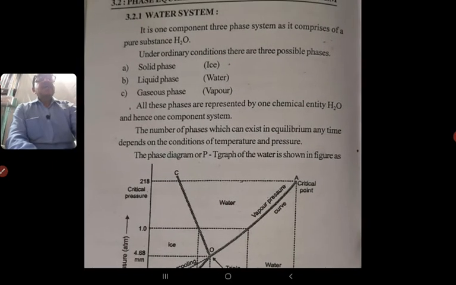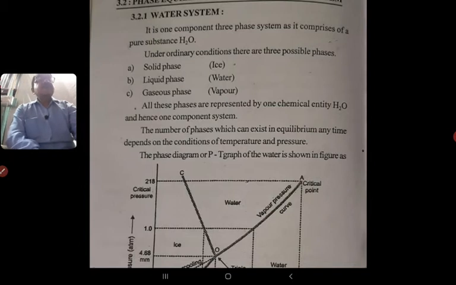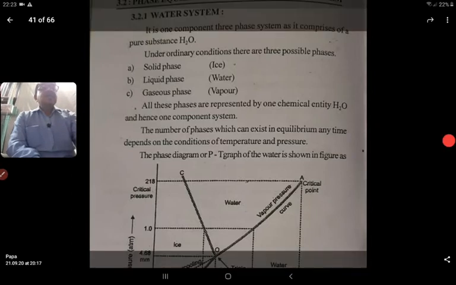Now let us see, it is a one component three phase system, as it comprises a pure substance, water. Under ordinary conditions there are three possible phases: solid phase ice, liquid phase water, and gaseous phase vapor.